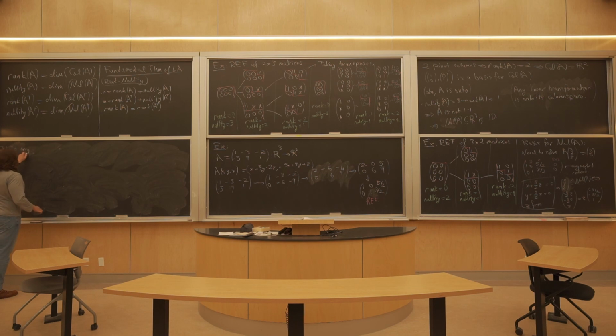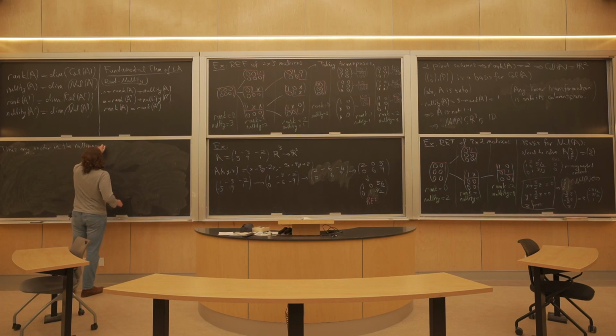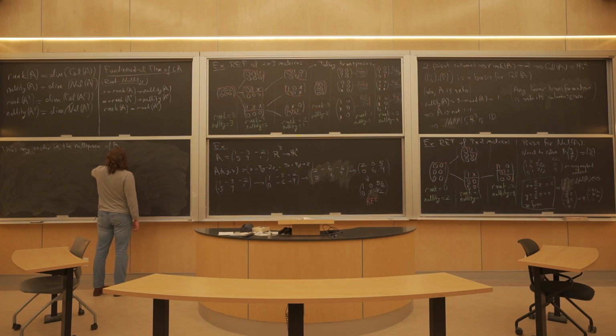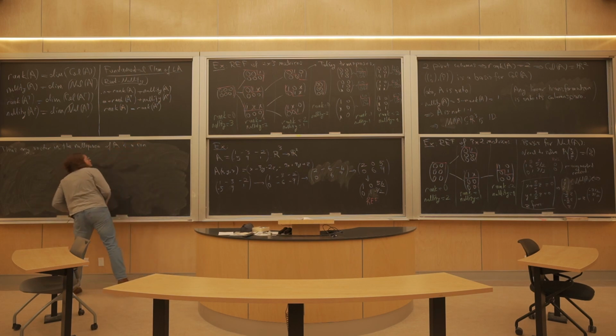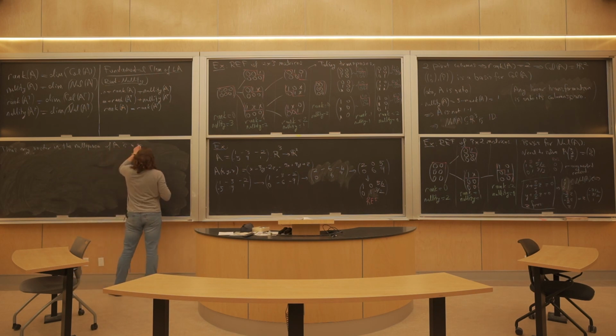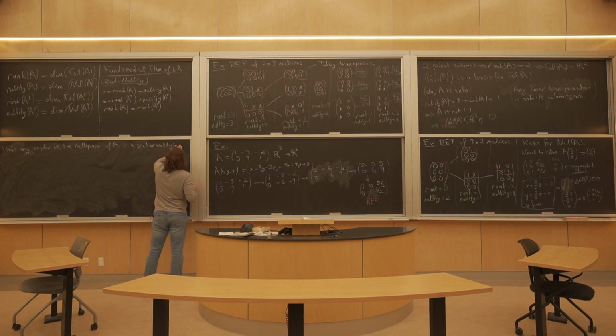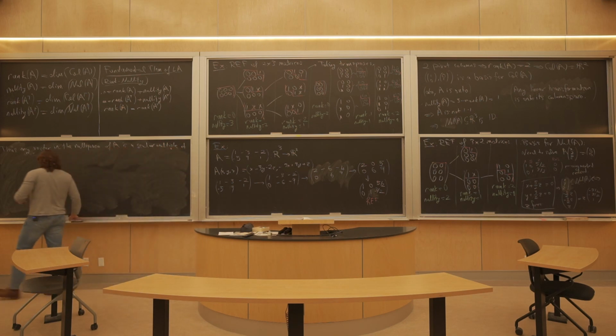Thus, any vector in the null space of A is a constant scalar multiple of the vector B, and that B is going to be that vector over here: minus 5 over 2, minus 3 over 2, 1.